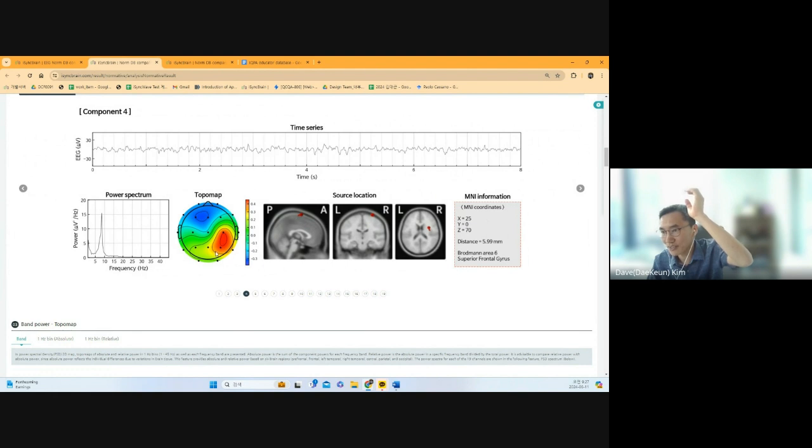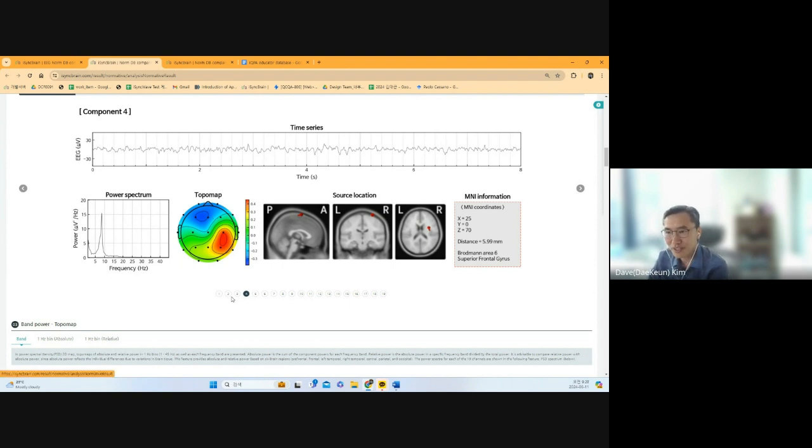So we have this positive projection and the negative projection. The source is in the middle of the blue negative projection and the positive projection, between this yellow and between this red and blue, because this is the dipole projection in both directions. So this is the frontal component.